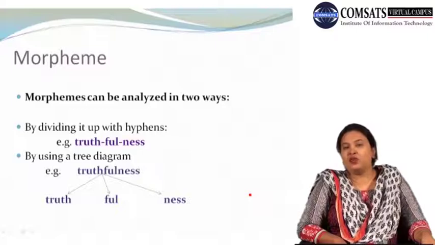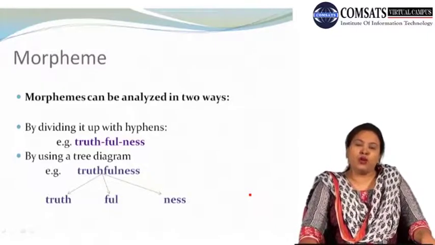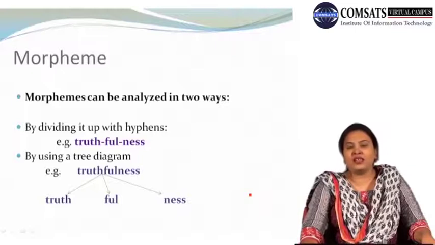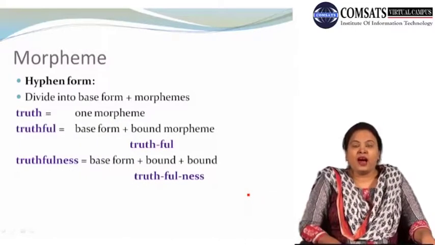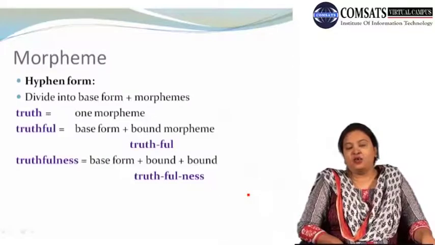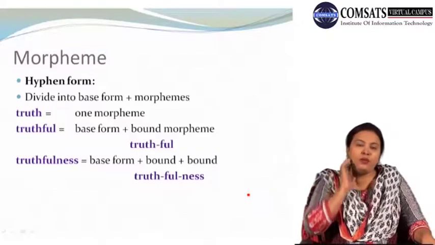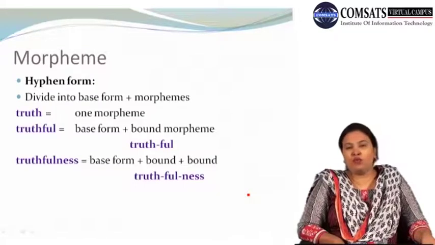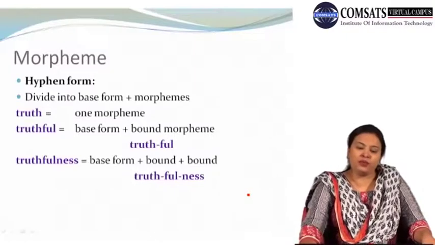Truthfulness dividing into three morphemes. Truthfulness is one word, truthfulness is three morphemes. The form divides into base form plus morphemes. For example, truth is one morpheme, truthful, truth and full two morphemes, truthfulness, truth, full and ness three morphemes.